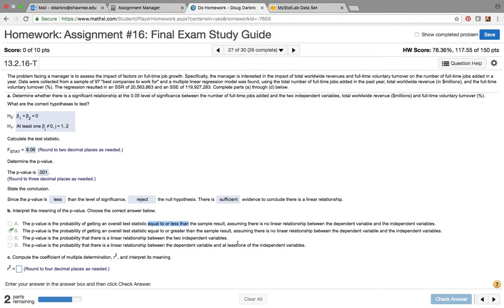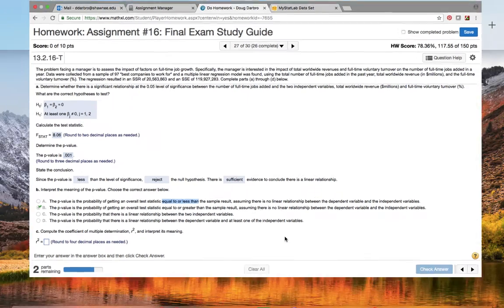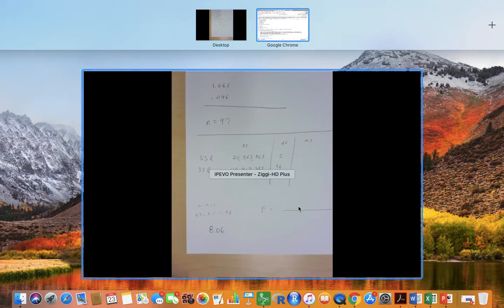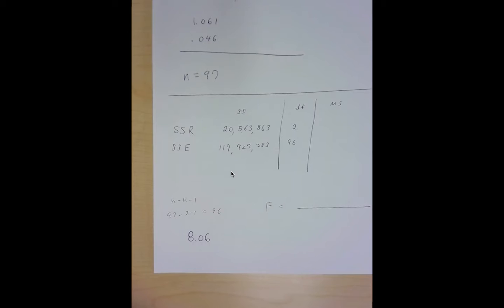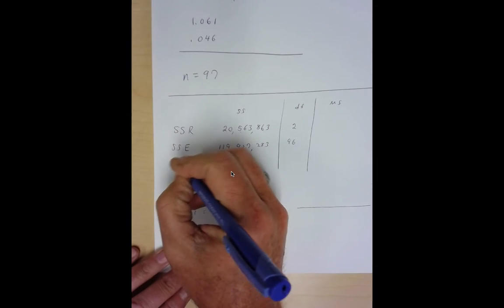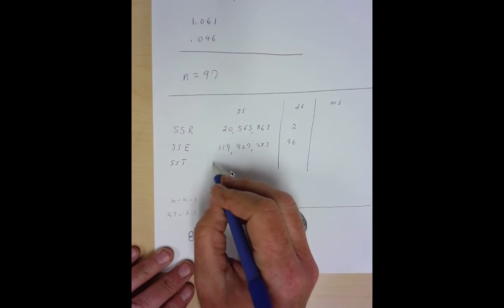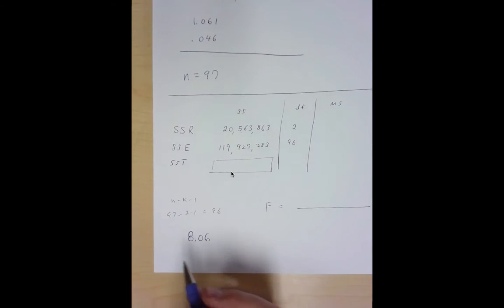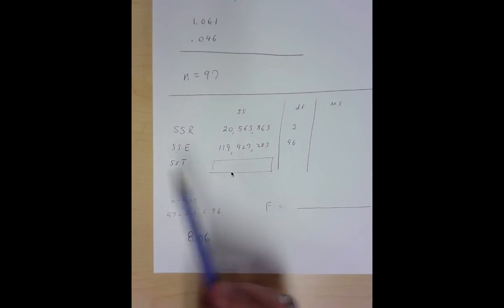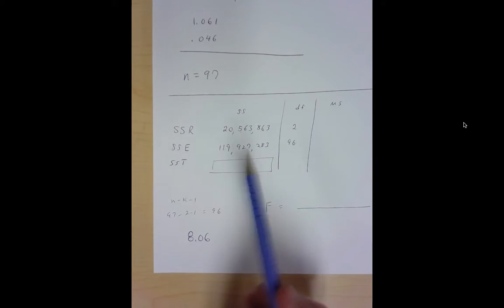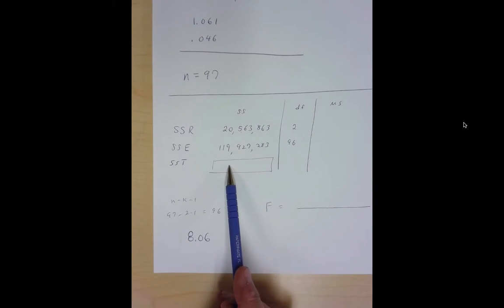Now, compute the coefficient of multiple determination, r squared. So, guys, going back over here, remember that we can get the sum of squares total by adding these two. And the r squared is just the sum of squares regression divided by the sum of squares total.